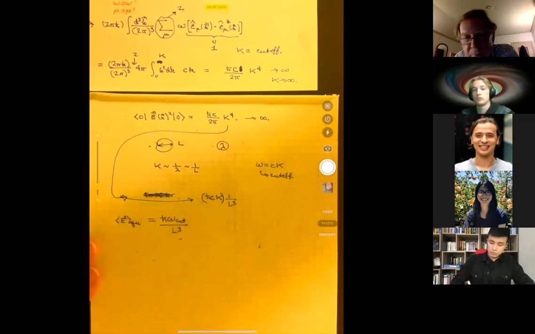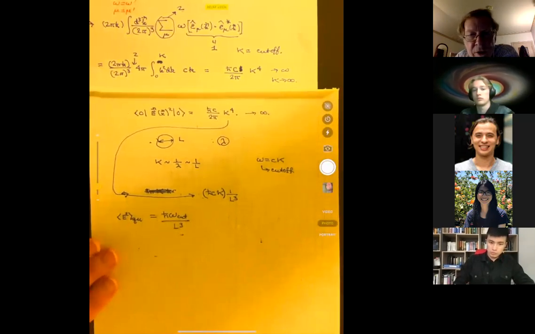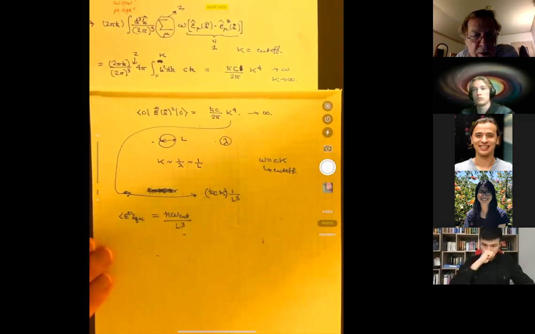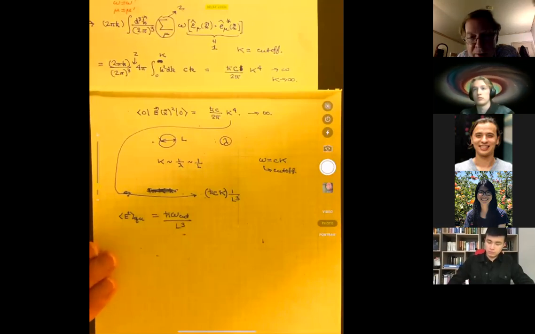Now, I think the obvious physical question is, is this real? Are there really vacuum fluctuations of electric fields in a vacuum where there are no sources around anywhere? There are no light waves, nothing. But if we go and measure an electric field, do we really get fluctuations like this? And the answer is yes, they actually are real. And they have real effects. For example, they cause an electron to jerk around in response to the fluctuating field.